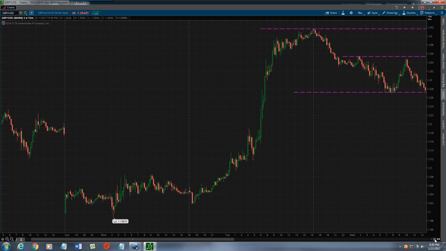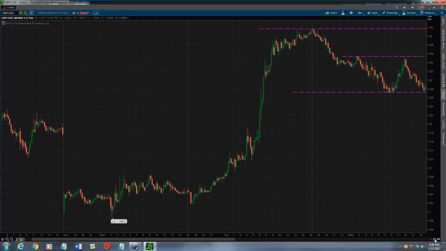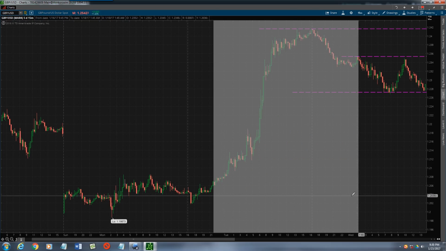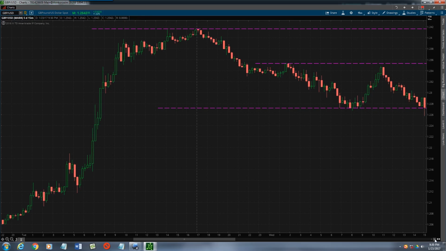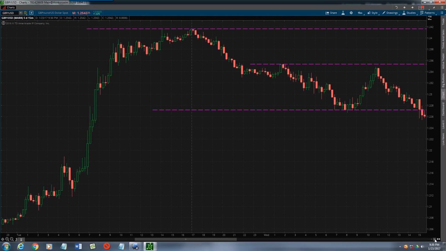Okay, so we see price is coming down to the previous area of support and it bounces. Let's zoom in a little bit on that. Price bounces up there and comes right back down, and now we've lost the support there.